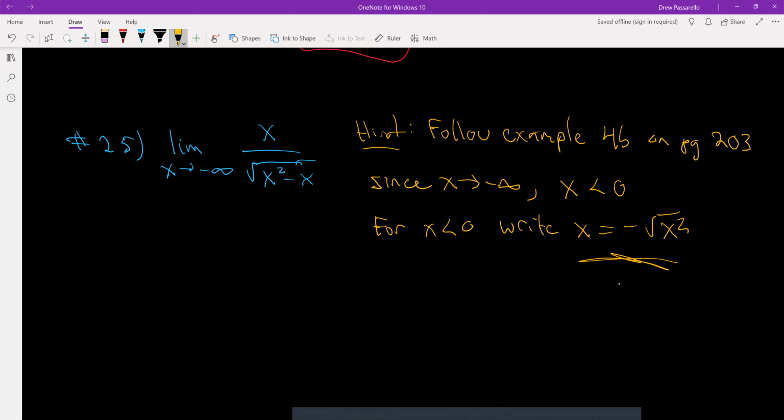And what they do in example 4b is they divide numerator and denominator both by x. So first, divide by x the numerator and denominator.